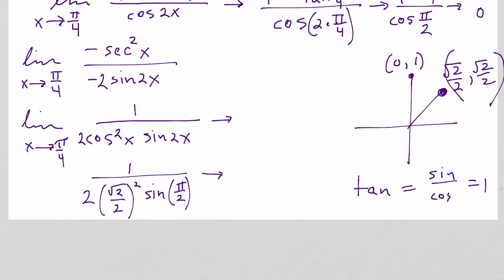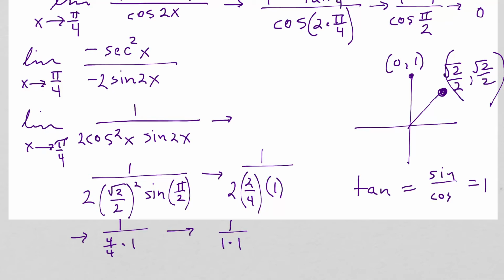Right, so we've got 1 over 2 times root 2 times root 2 is 2. 2 times 2 is 4. The sine of pi over 2 would be 1. So that leaves us with 1 over, that would be 4 over 4 times 1, which is 1 over 1 times 1, which is 1. That's 1. All right, so we were able to evaluate this limit using L'Hopital's rule, and the limit is 1.